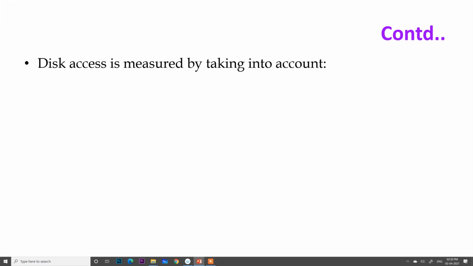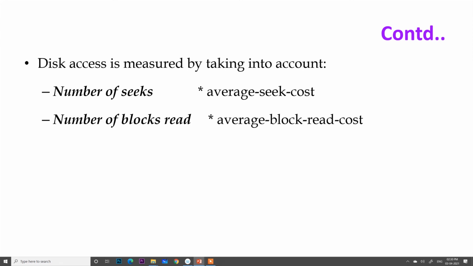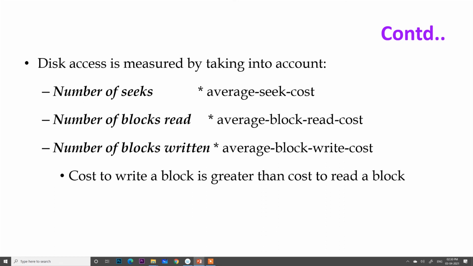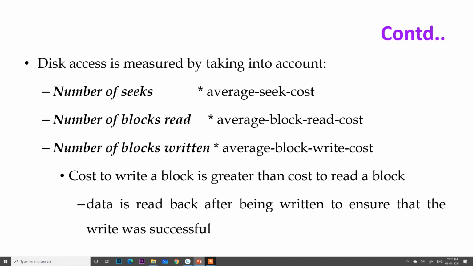Disk access is measured by taking into account the number of seeks, that is the average seek cost, the number of blocks read, and the number of blocks written. The cost of writing a block is greater than the cost of reading a block, because data is read back after being written to ensure that the write was successful.